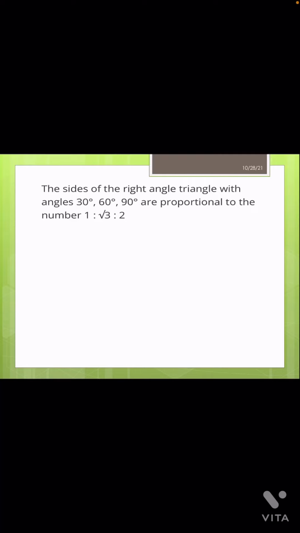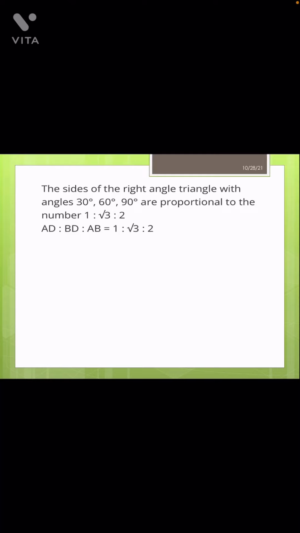The sides of the right triangle with angles 30, 60, 90 degrees are proportional to the numbers 1, root 3 and 2. So we can write AD : BD : AB is equal to 1 : root 3 : 2.